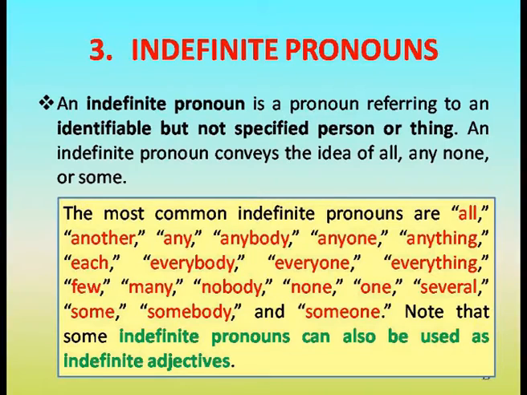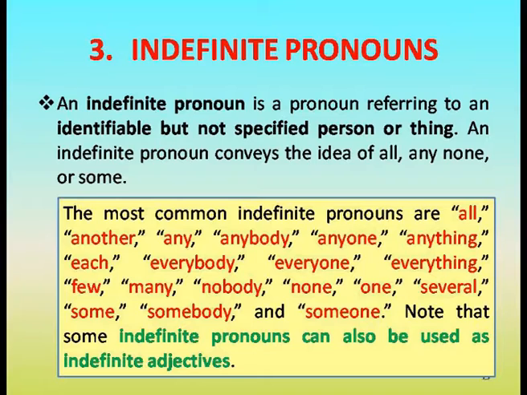Indefinite pronouns. An indefinite pronoun is a pronoun referring to an identifiable but not specified person or thing. An indefinite pronoun conveys the idea of all, any, none, or some.